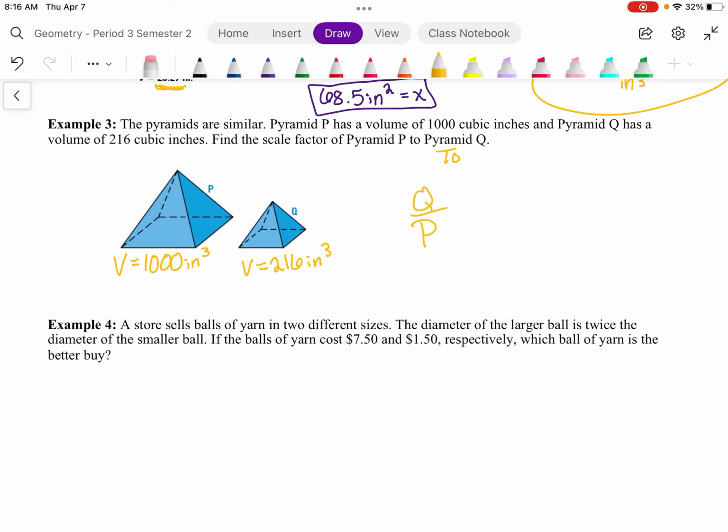So if we set up a ratio with our volumes, that is going to be 216 over 1,000.